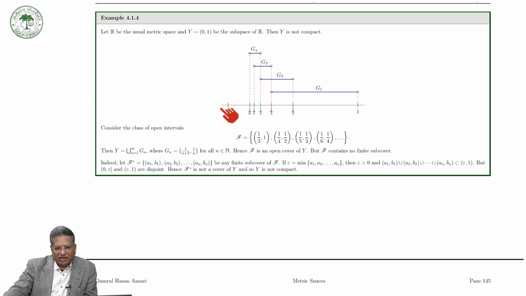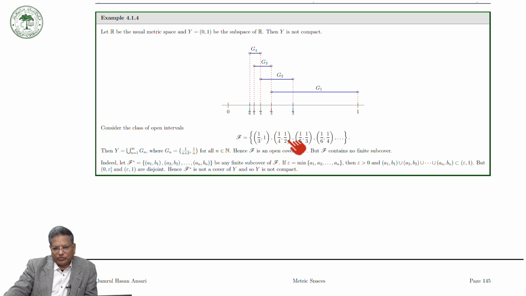What we will see is that Y, which is equal to (0, 1), is the union of Gn, where n runs from 1 to infinity, and Gn is equal to (1 over n plus 2, 1 over n). So the intervals are of this form.